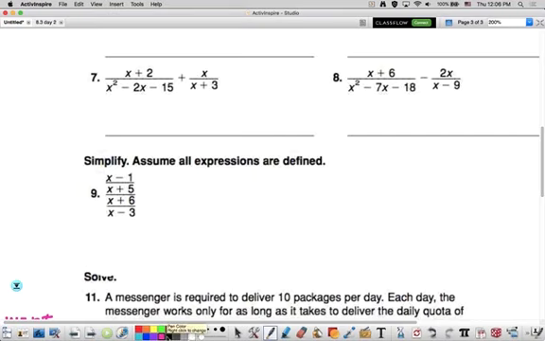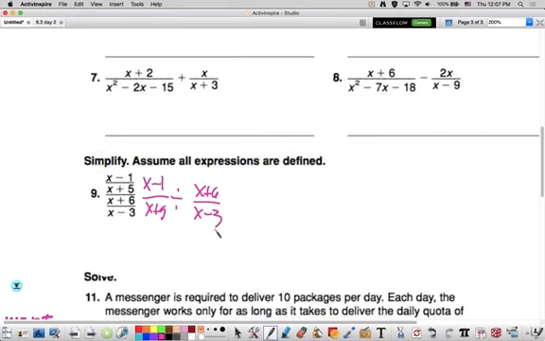Okay, so walk us through it. So first, you can make this easier by just setting it up like x minus 1 over x plus 5 divided by x plus 6 over x minus 3.